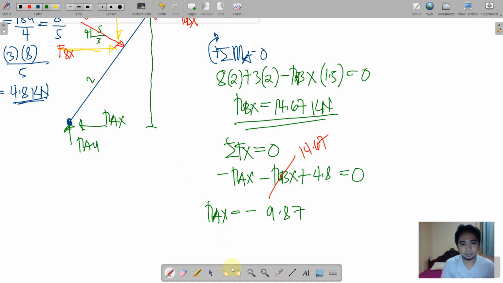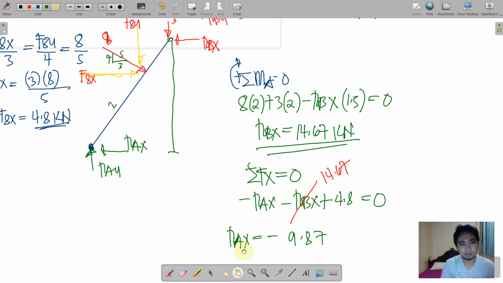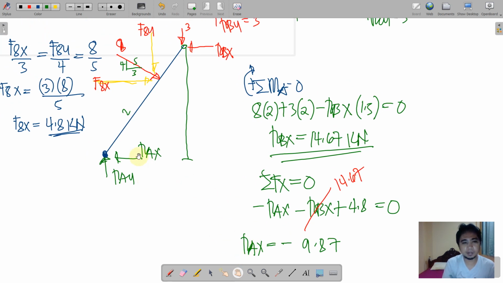So, meaning, pag 9.87 yan, negative, do not bother to change this one. Wag mo nang palitan yan. Ang indicate mo lang dito is the negative sign of it. So, automatic, yung negative sign niya yun, ibig sabihin, it is just towards right.